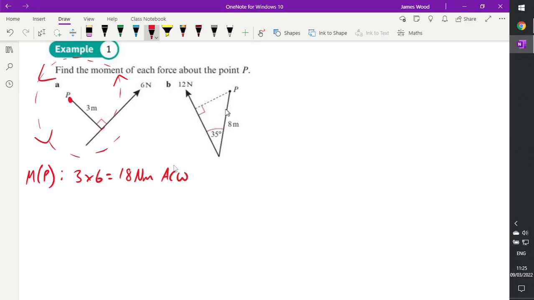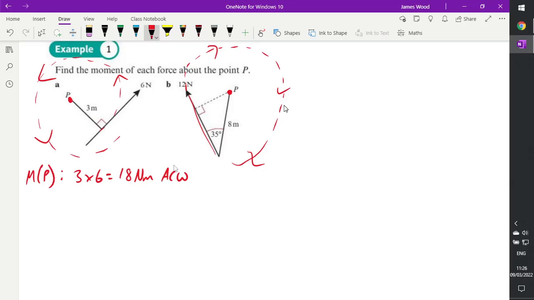Now here, in case B, again we've got this fixed point P, and perhaps this is like a metal rod here, and we're applying a force of 12 newtons this way, so that's going to make it rotate like that. Okay, so this is obviously going to come out as being clockwise. Now here we need to resolve it. We can either resolve the force or the distance.